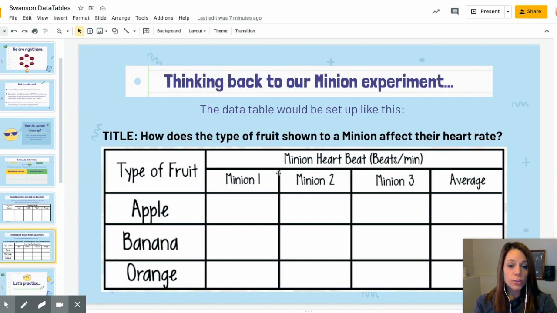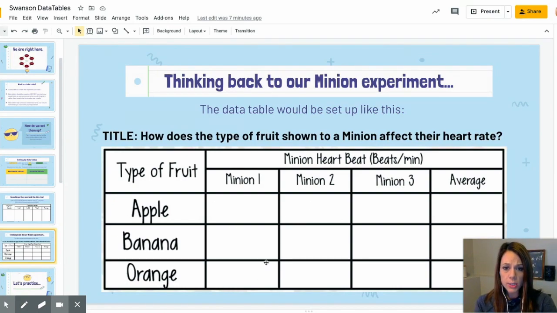And then you'll notice here, I've got 3 minions that I'm testing for each type of fruit. The more minions that you test, or the more test subjects that you have, the more reliable your results are going to be. And we actually call that in science sample size. So the larger the sample size, the more stuff you're testing your independent variable on, the more reliable your results are going to be.